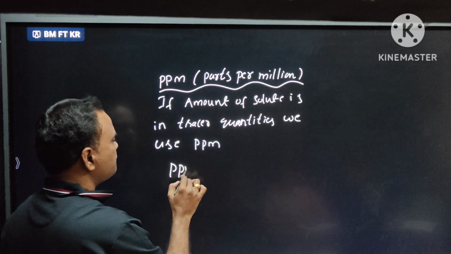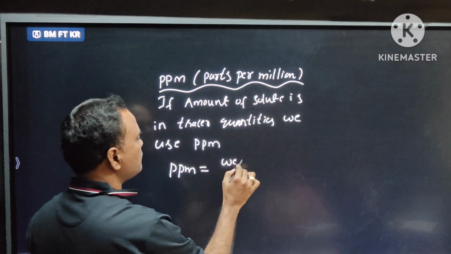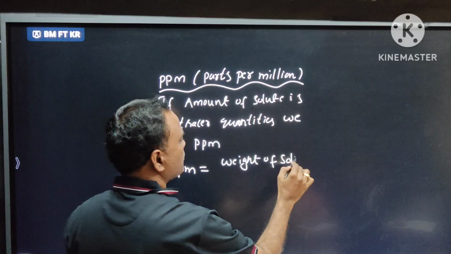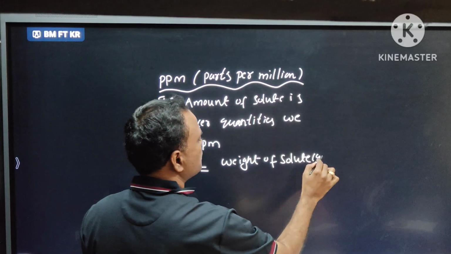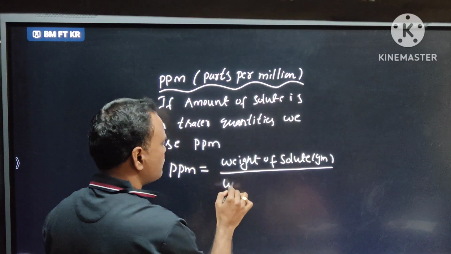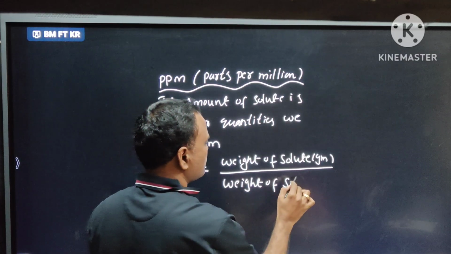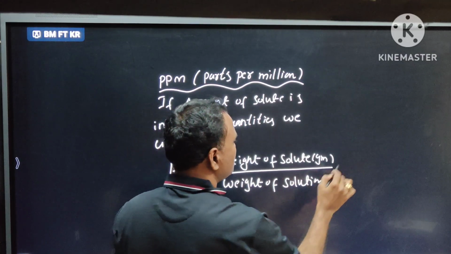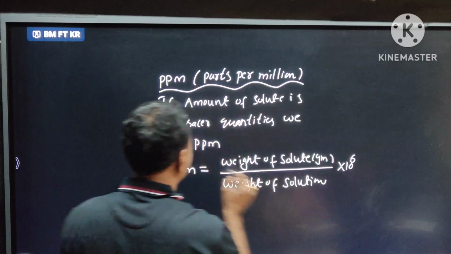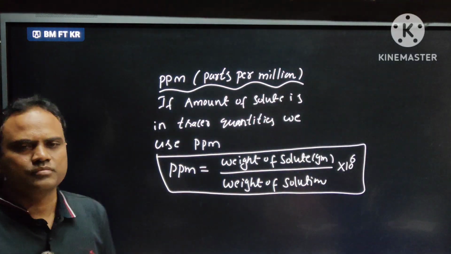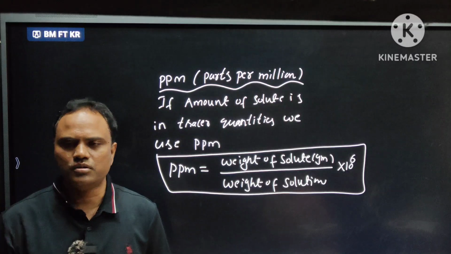Formula for ppm is equal to weight of solute in grams divided by weight of solution, into 10 to the power 6. Okay, note down.